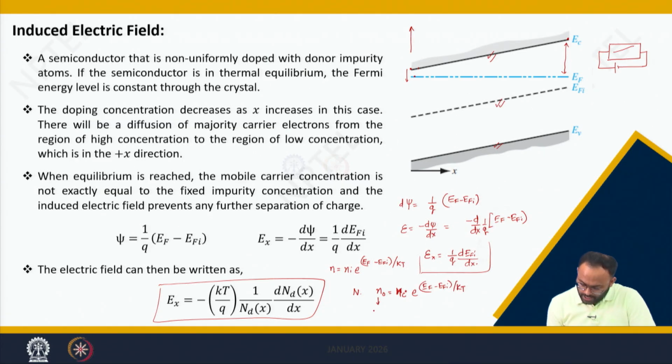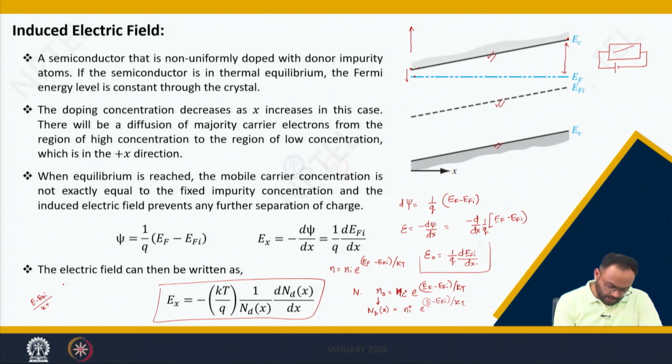This n0 for an n-type semiconductor is nothing but Nd, and as it is varying along x, you can write Nd(x) is nothing but ni exponential of (EF minus EFI) by kT. So we can simply rewrite this equation as (EF minus EFI) by kT equals log of Nd(x) by ni.